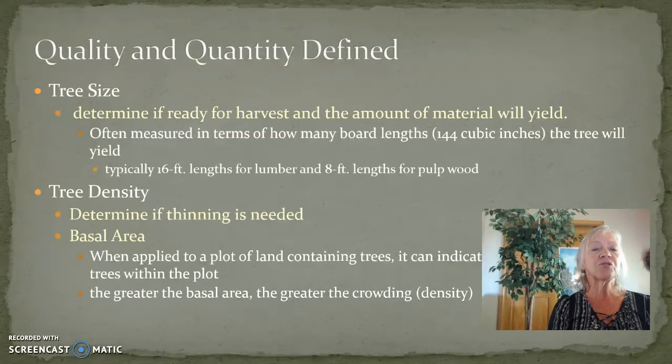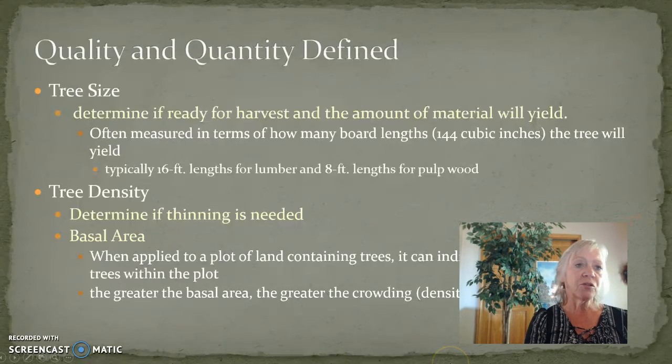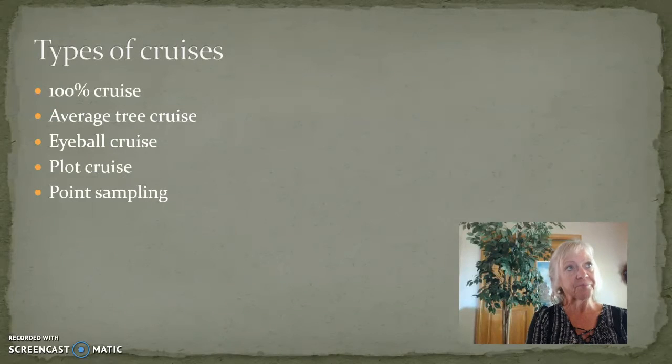If we're looking at the tree density, we can determine if thinning is needed. We also do basal area, and when applied to a plot of land containing trees, it can indicate the density of the trees within the plot. The greater the basal area, the greater the crowding or density. We'll be studying this next.